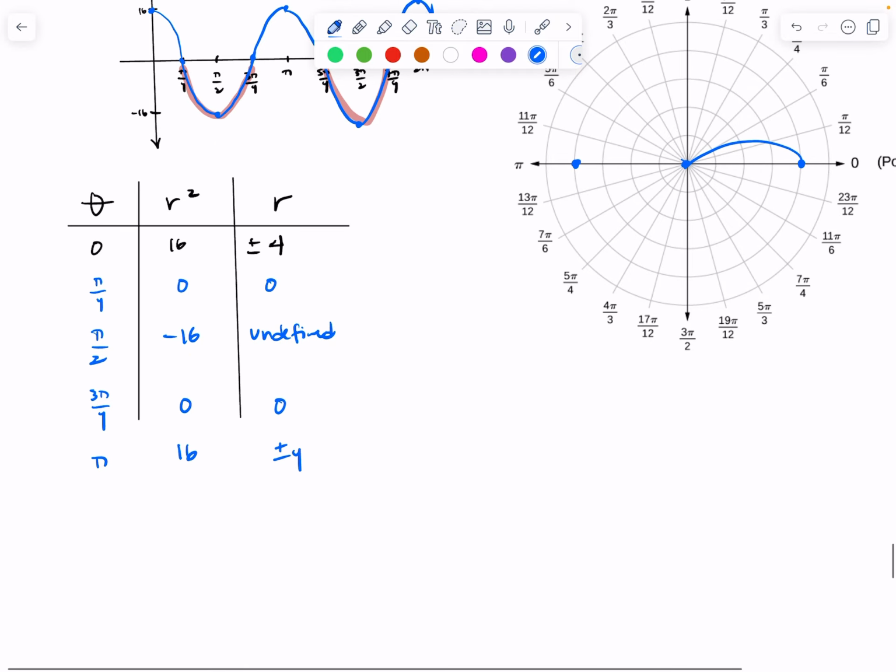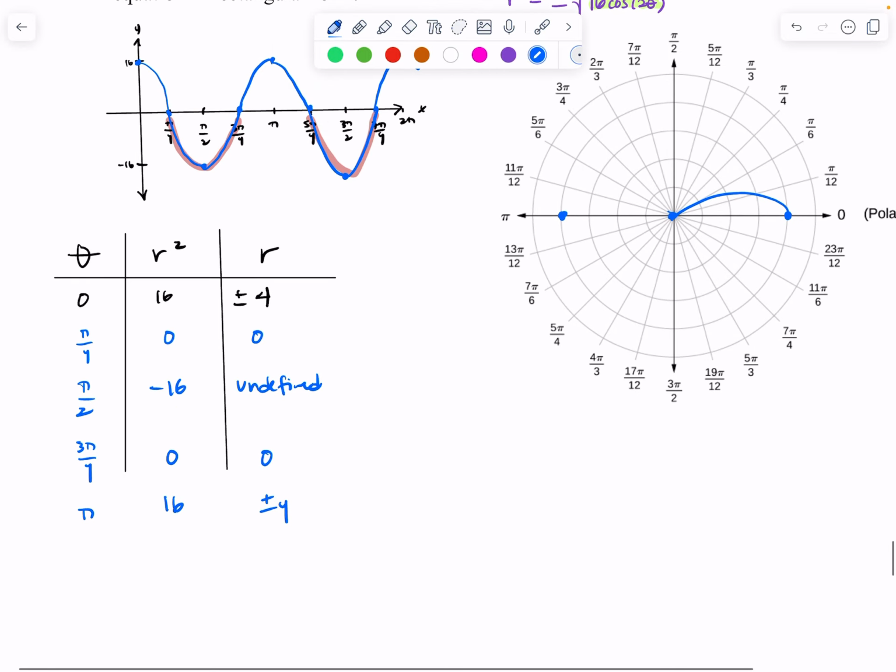I apologize, I can't talk. Positive values of r squared repeat, but that also means that we would have plus or minus values, positive and negative values for r. So between 3 pi over 4 and 5 pi over 4, you would have positive values and negative values being graphed at the same time.